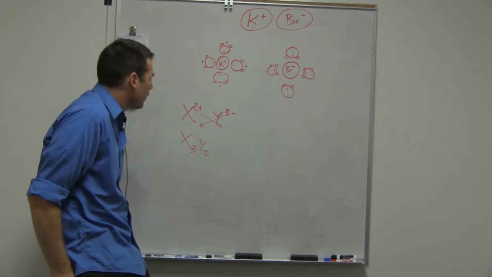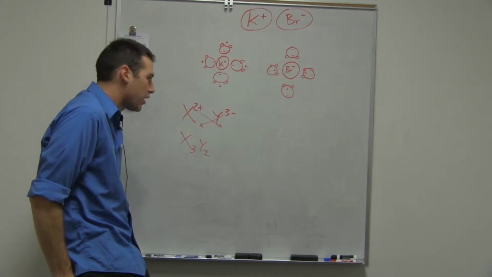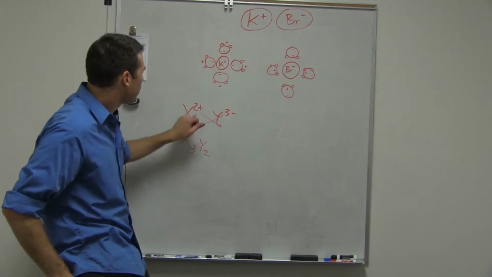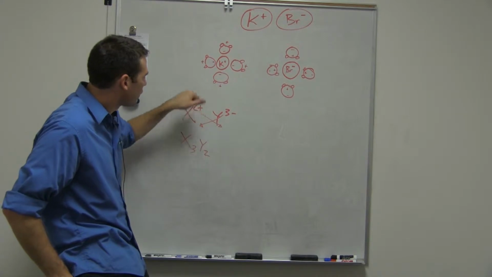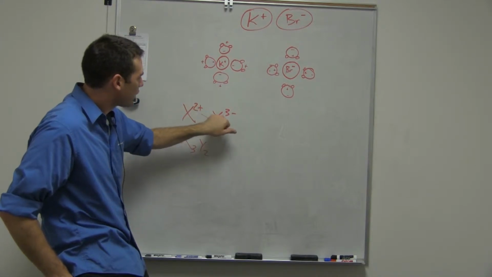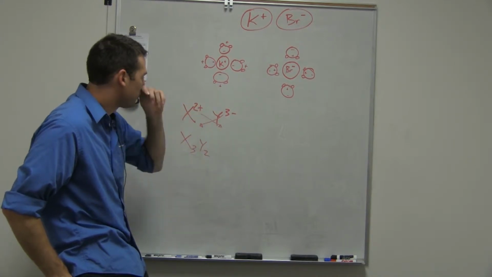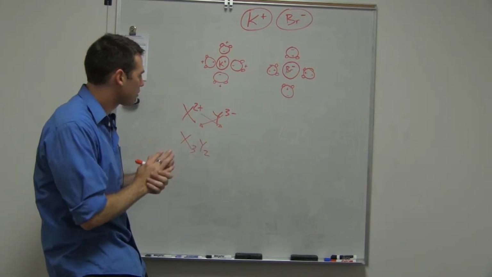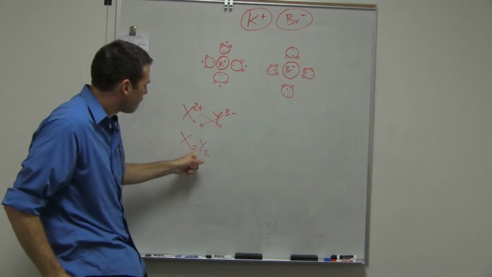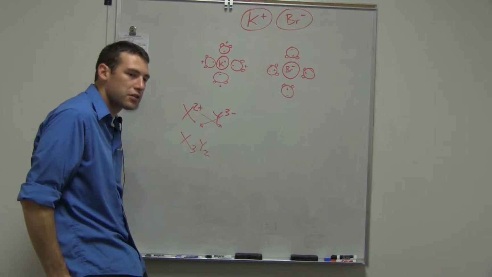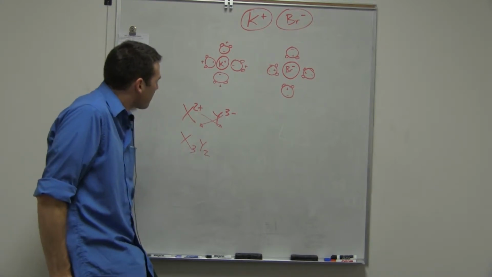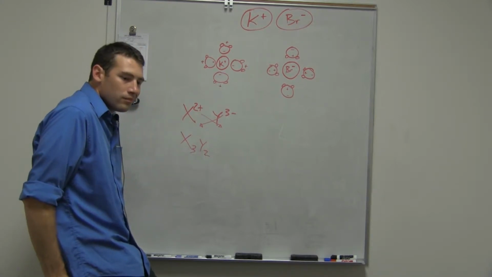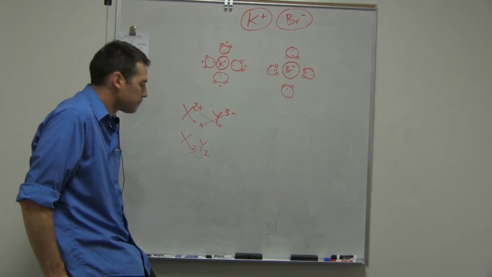So you need a number that both can become, which is 6. If you multiply this by 3, you have a total of 6 positive. And you multiply this by 2, you have a total of 6 negative. So those cancel out. So you're left with 3 of these and 2 of those.